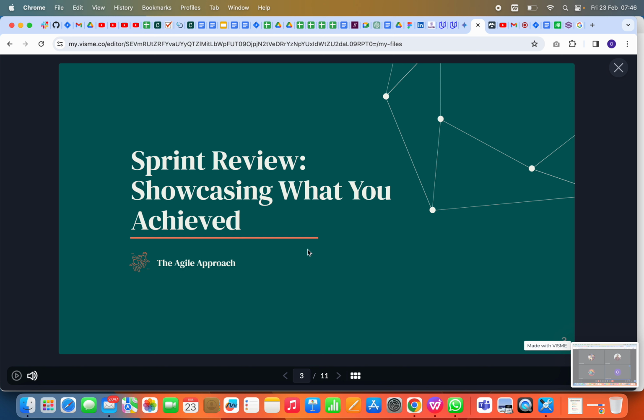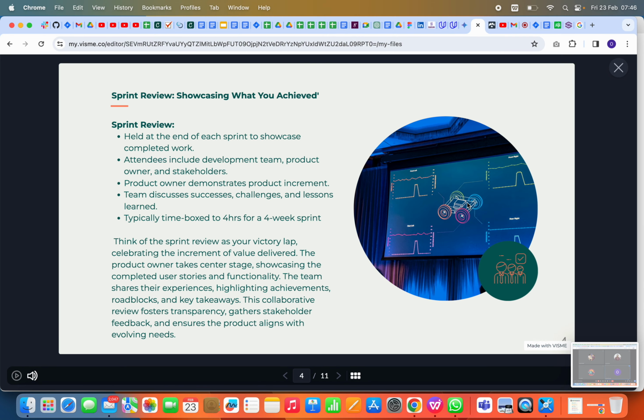So we say sprint review means you are showcasing what you have achieved. What is this sprint review we've been talking about? It is the time where the Scrum team and the stakeholders gather together to review the increment. Remember we said that at the end of each sprint, there should be a potentially releasable increment.